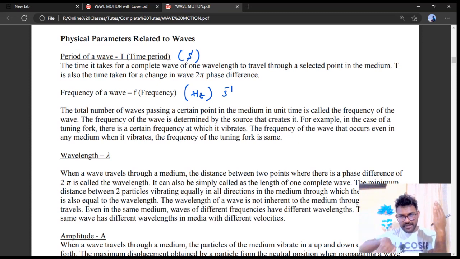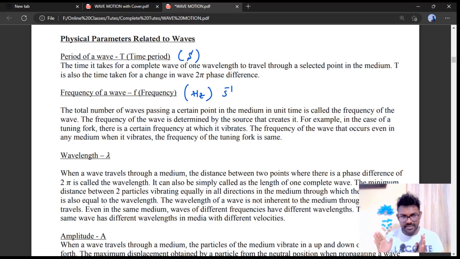Then again there will be a particle that is going up. So the distance between two of those consecutive particles, we say to be the wavelength, right? Simply, if you consider a longitudinal wave, then the wavelength is the distance between two consecutive compressions or two consecutive rarefactions.